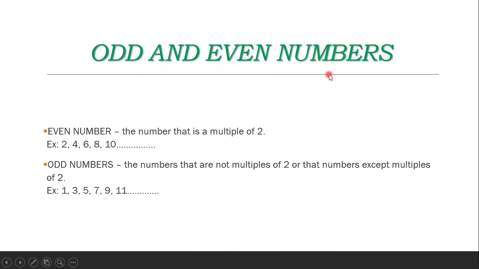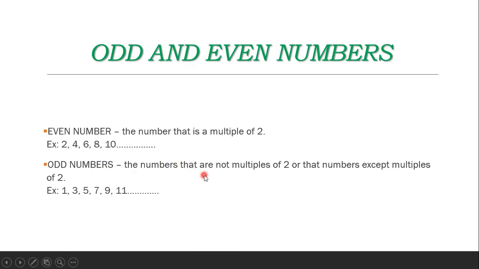Next is odd and even numbers. Already in previous classes, you have learned what even numbers and odd numbers are. Just recall it. An even number is a number that is a multiple of 2. So the numbers that end in 2, 4, 6, 8, 0, these are what we call even numbers.